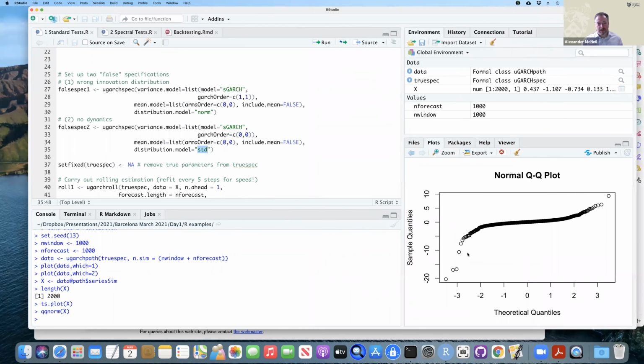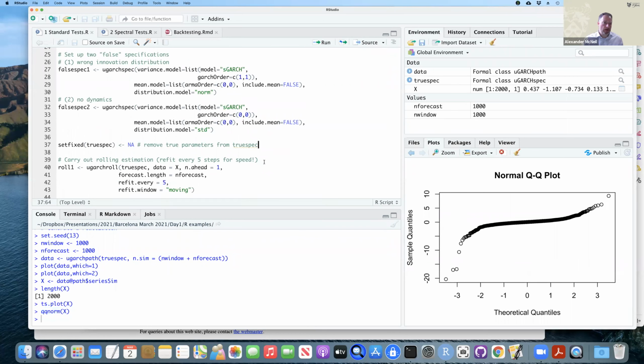And that's what we see here because I'm looking at a normal reference distribution and the data are much heavier-tailed than normal. And a Student might be capable of modeling that. So the second team uses the right kind of distribution, but no dynamics, so no volatility modeling.